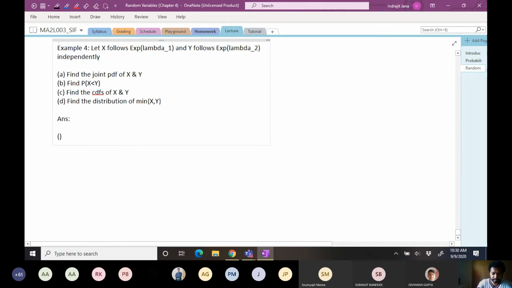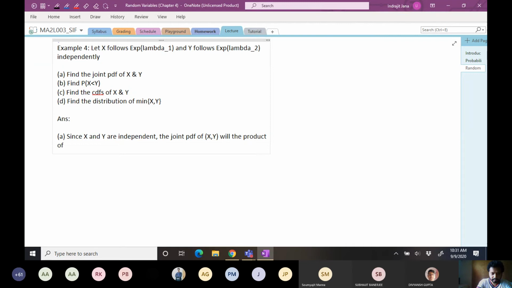First one is the joint PDF. Since x and y are independent, the joint PDF of x and y will be the product of the PDFs of x and y.